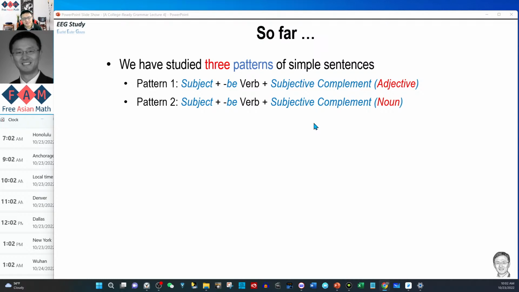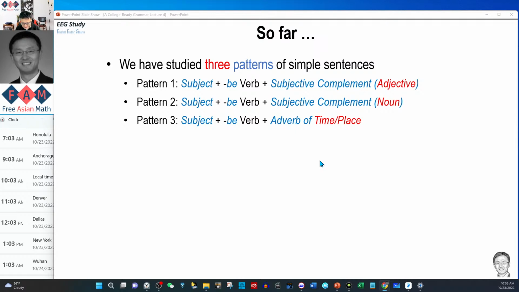Without them, the sentence is not complete. You cannot give a full idea about what the sentence is about. Those are very fundamental, very basic sentences that we usually learn from the very beginning of learning to speak English.